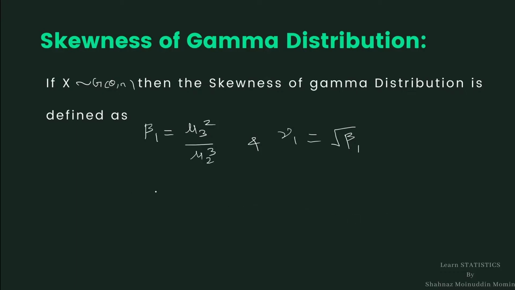In the previous lecture we have already learned the central moments. So we will substitute the values of central moment in beta 1.